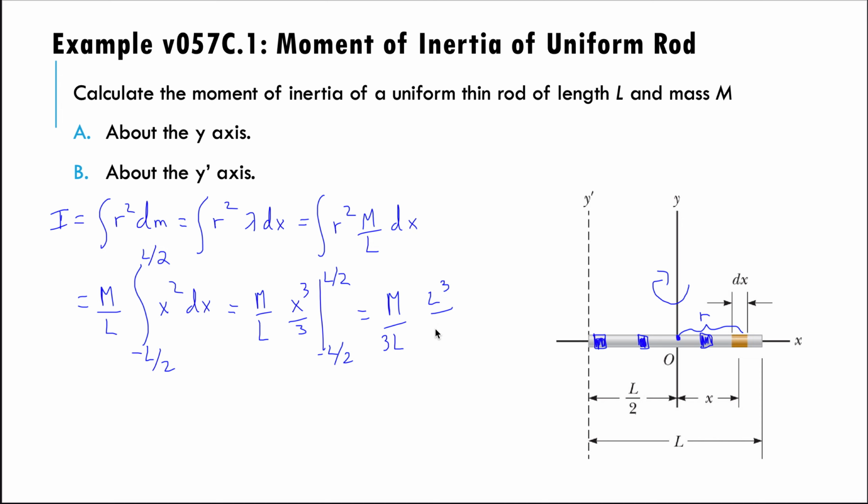So we're going to have L cubed over 8 minus a negative L cubed over 8 when we plug in our limits. So that is going to give us M over 3L times 2L cubed over 8.